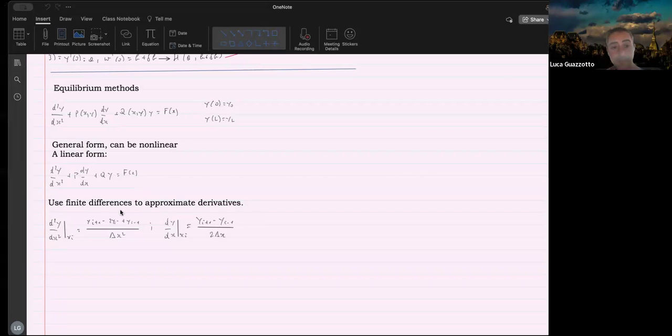Now, let me say, also, I'm going to allow p to be p of x, but not of y, and q to be q of x, but not of y. So this still makes the equation linear.